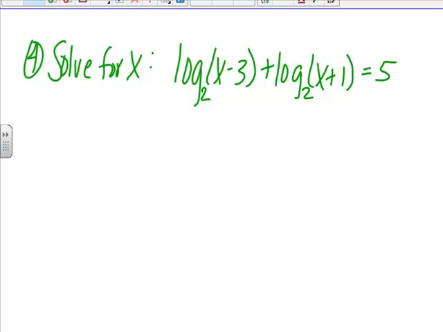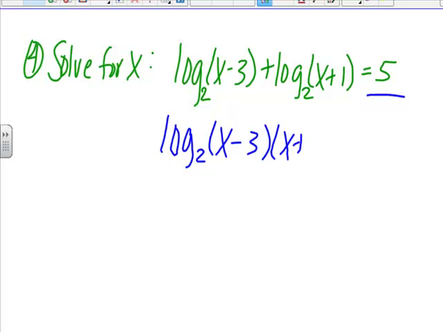Okay, next one, this kind of looks similar to what we've been doing in the last section, although the one thing you'll notice is there is no log over here. But I'm going to start by getting these together into one logarithm. So I get this, with a little bracket around it, is equal to 5. The fact that I don't have a logarithm over here doesn't allow me to just set these equal.